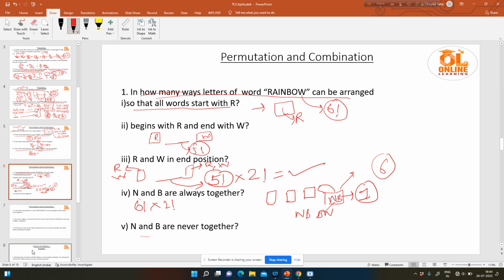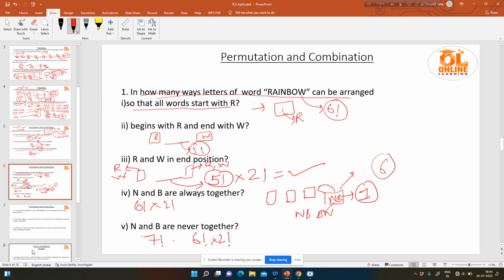Now n and b are never together. So we can solve rainbow in 7 factorial ways. Okay, n and b are always together. We can solve them in 6 factorial and 2 factorial ways.